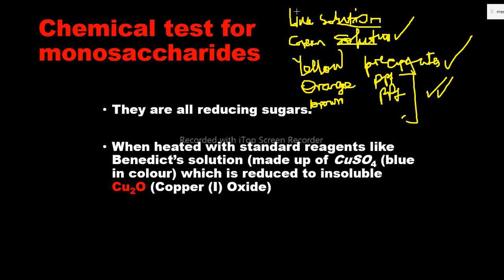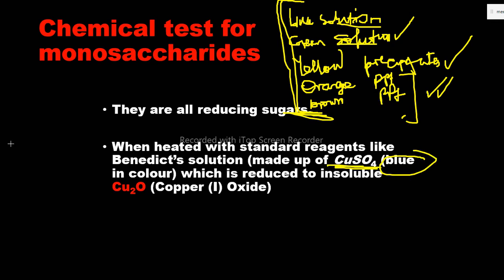Now, why this? Why changing the color? It is simple. When you heat, the Benedict's solution is made up of copper 2 sulfate, and this copper 2 sulfate is blue in color.